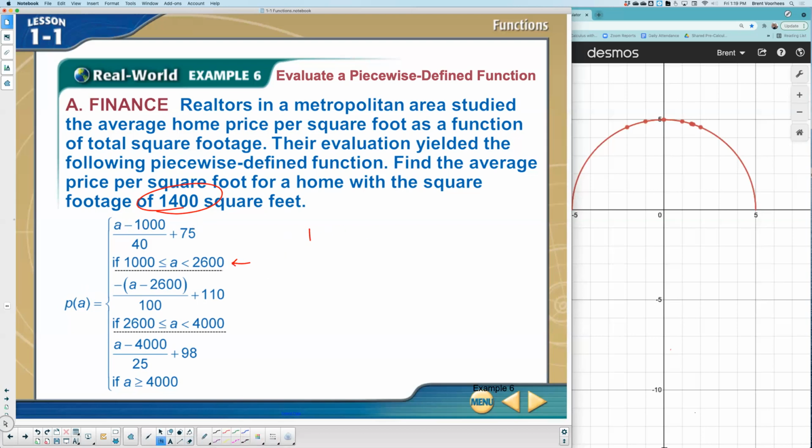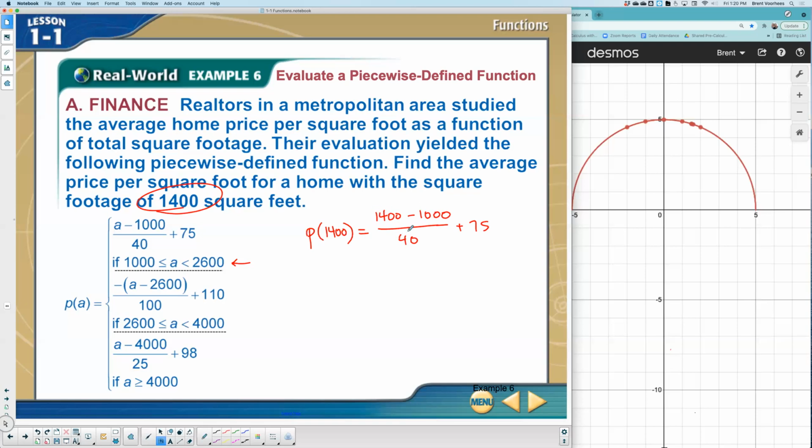I would say the price per 1,400 square feet, the average price, that's what the P stood for, would be the top equation, where A is now 1,400. So 1,400 minus 1,000 divided by 40 plus 75. I don't want to run us out of time, so I'm going to talk quickly through the math. 1,400 minus 1,000 is 400. 400 divided by 40.